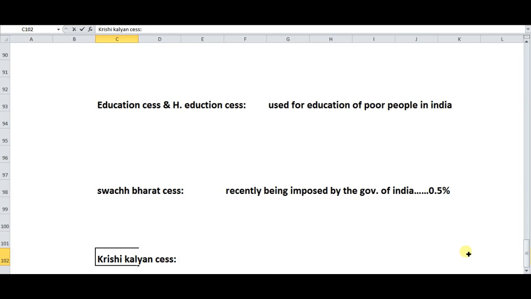The tax is introduced from Jan 1st 2016.